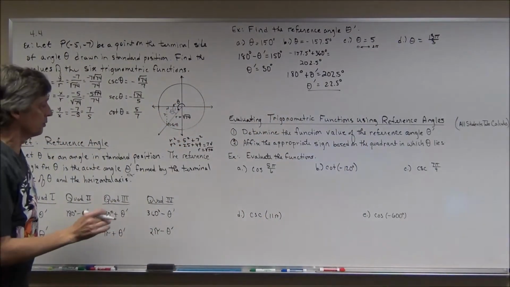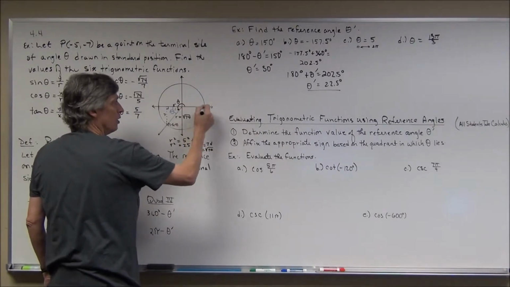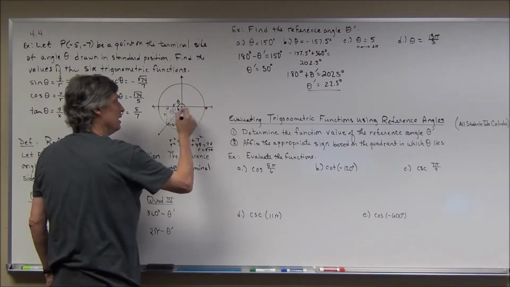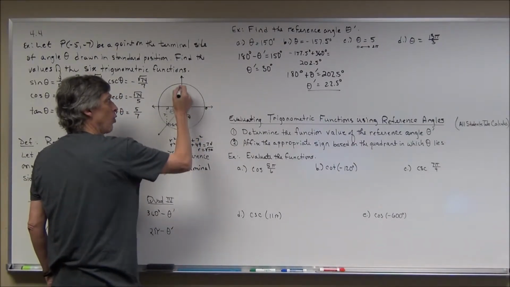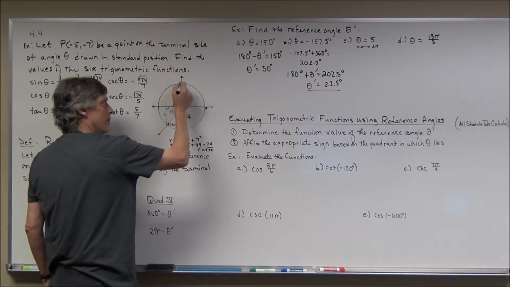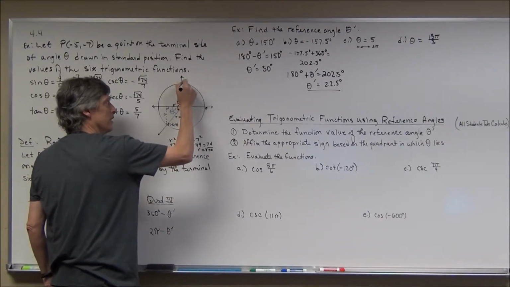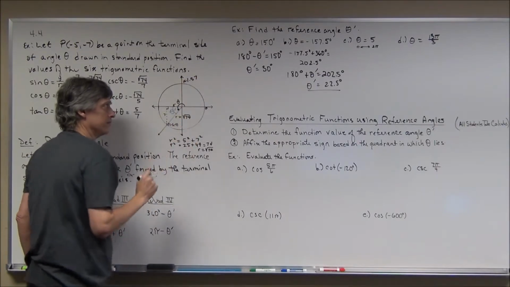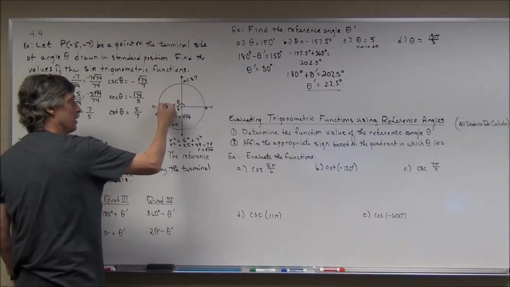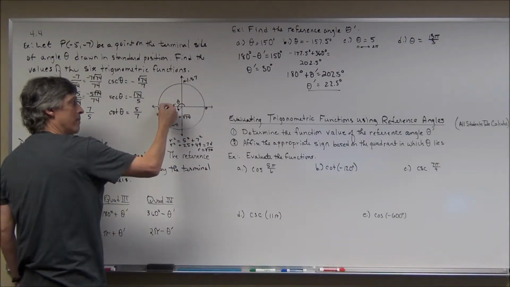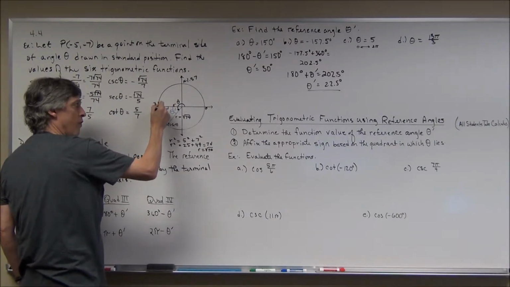Now, if it helps you, remember this is 0 degrees, 0 radians. This is 90 degrees, or pi over 2. Now, pi over 2 would be approximately 1.57. This is 180 degrees, or about pi radians, 3.14.